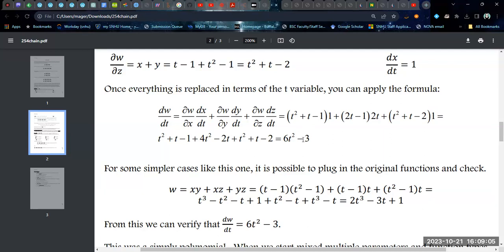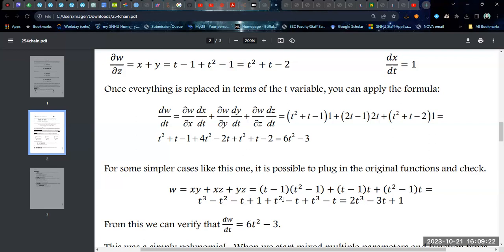Now, you can verify this by other means, by actually switching the order of operations, plugging in your t's first, and then just finding your derivative with respect to t.